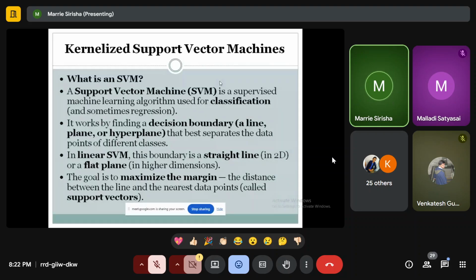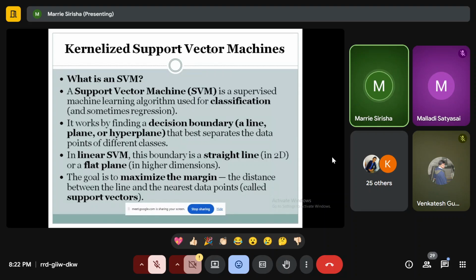It is a supervised machine learning algorithm, and it is used for classification, sometimes in regression. It works by finding a decision boundary. Decision boundary is nothing but a line or a plane or hyperplane that separates the data points of different classes.